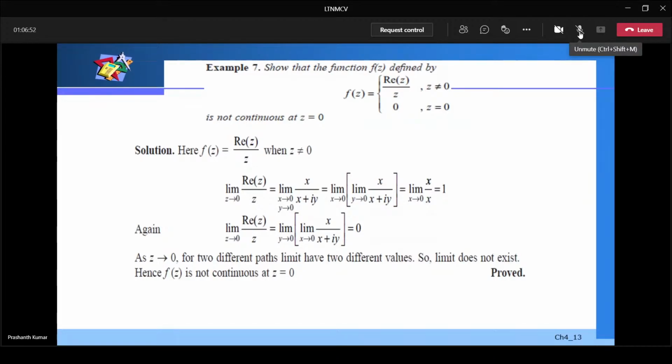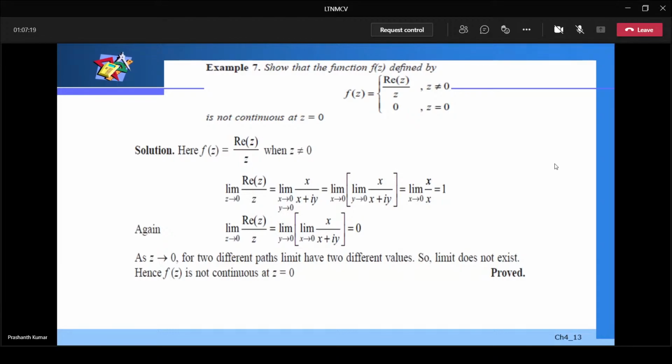After that, we also discussed the neighborhood of the function. After that, the epsilon neighborhood, how the limit approaches, that is the limit point of a function of complex variables. On that, one problem also we discussed. Next we discussed the continuity of the function.